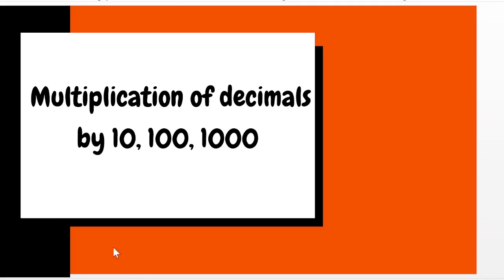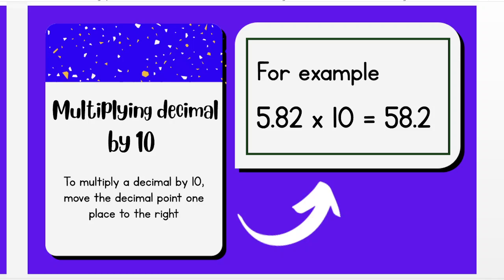So the first part is multiplying decimals by 10. To multiply a decimal by 10, we move the decimal point one place to the right. So how do we do that? If you look at what we have here, this is 5.82 times 10.